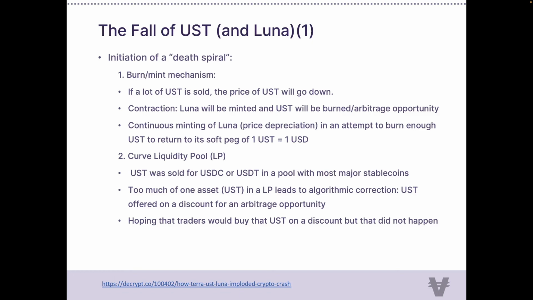You probably remember the last class we had about liquidity pools and bonding curves: when there's too much of one asset in a liquidity pool, it leads to the algorithmic correction. So USD was offered at a discount as an arbitrage opportunity.